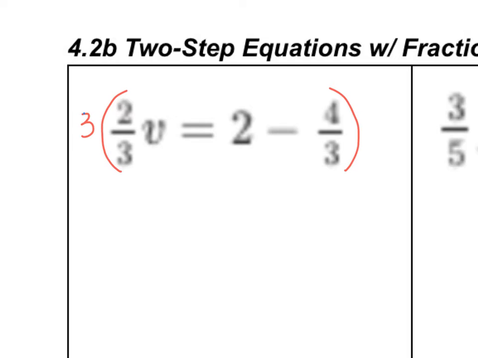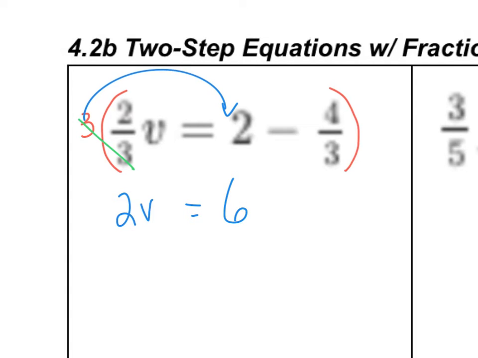So one more time, take another quick look at it. Look what happens. If I multiply this all by 3, that will cancel that 3 and make that a 2v. 3 times 2 is 6.